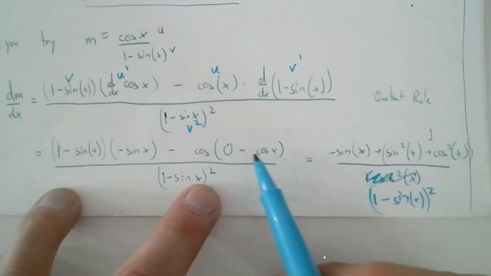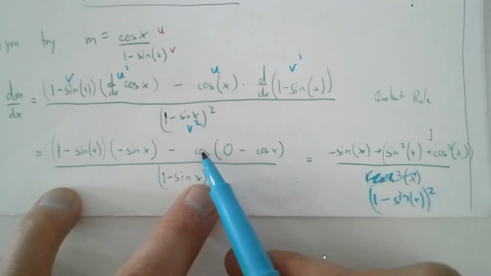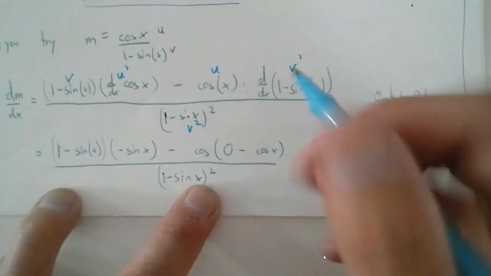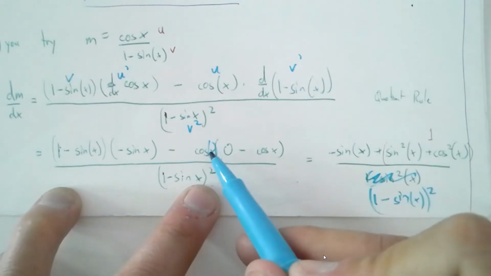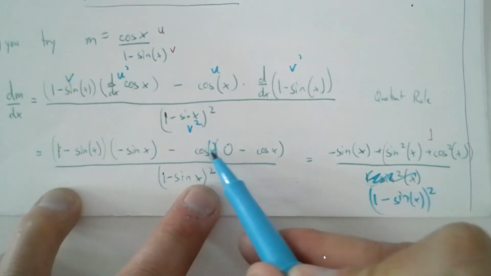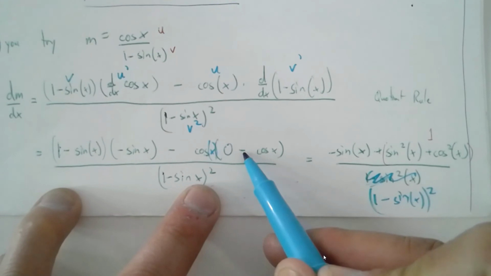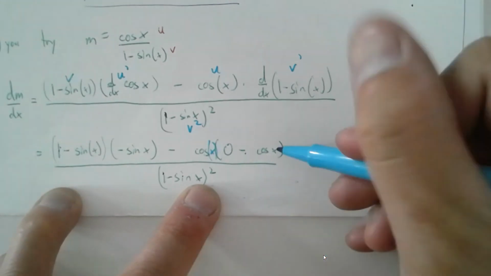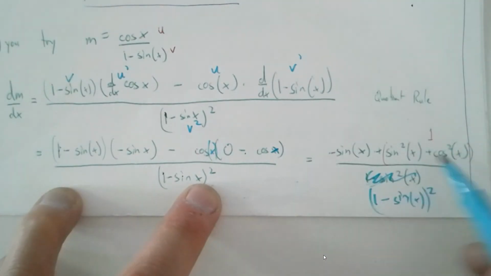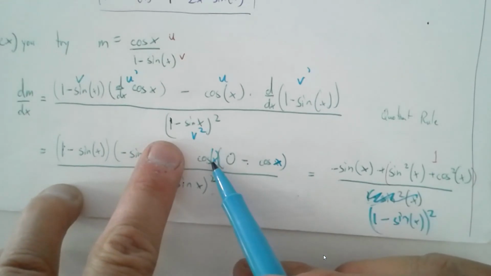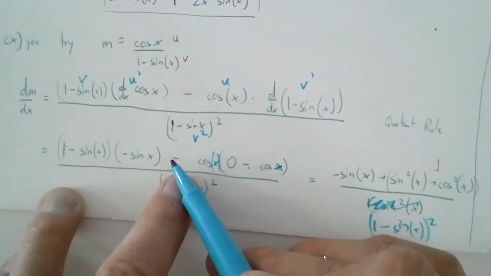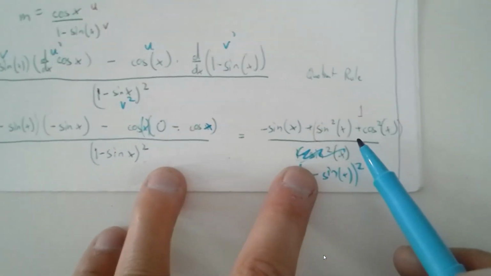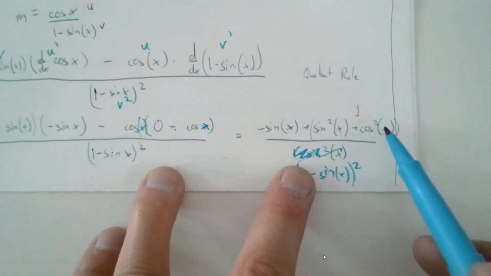And then in here, same thing, cosine, I think it's cosine of x, I'm sorry. Cosine of x times 0 is 0. Cosine of x times negative cosine of x should be a negative cosine squared of x, but then it's already being subtracted. So you have this statement here, sine squared of x plus cosine squared of x.